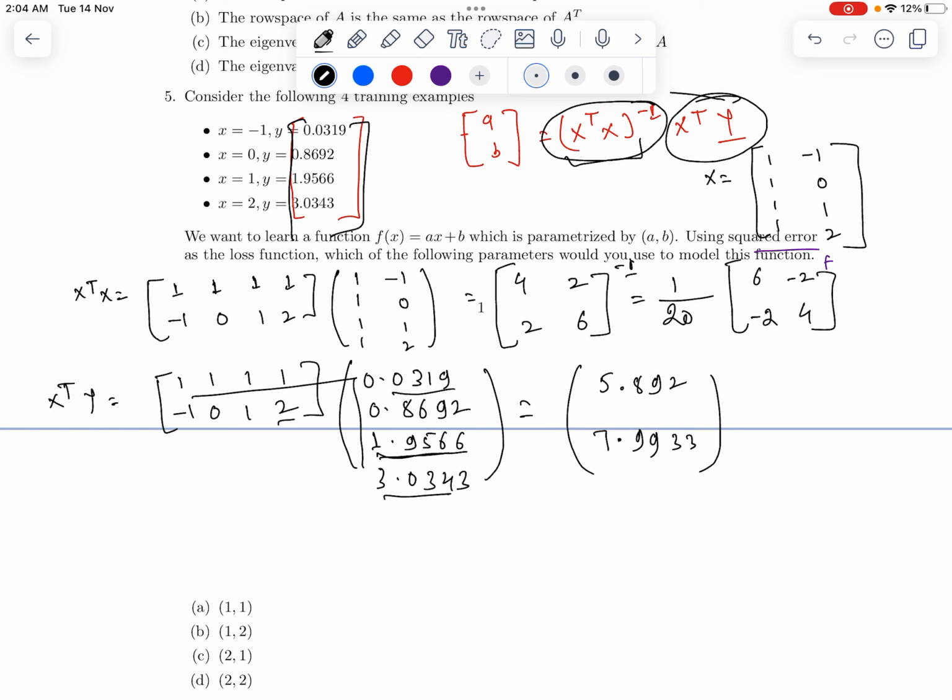Now you will multiply these two, right? So let's do this multiplication.